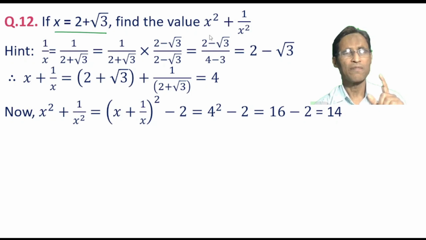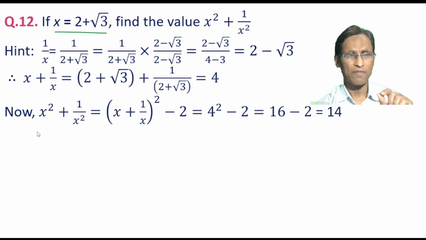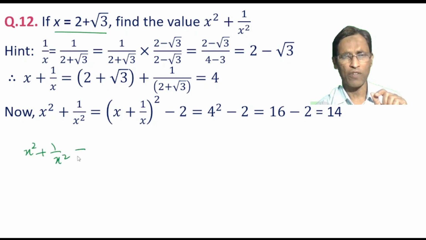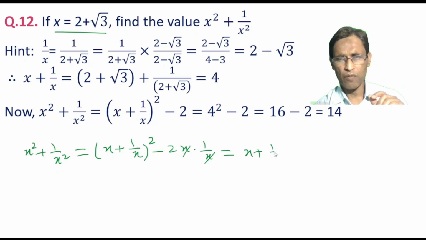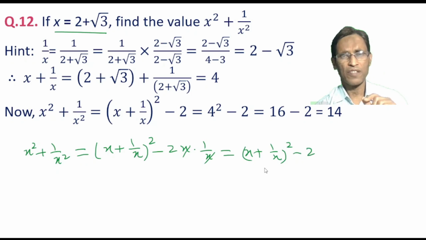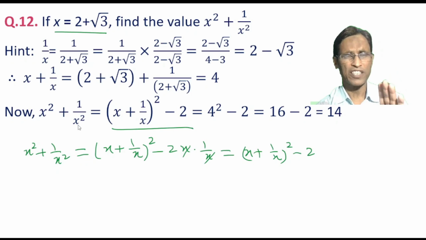For this purpose we will use the algebraic expression: x square plus 1 by x square equals x plus 1 by x, the whole square, minus 2 times x times 1 by x, which gives us, after cancellation of x and x, x plus 1 by x the whole square minus 2. This is the expression mentioned here.